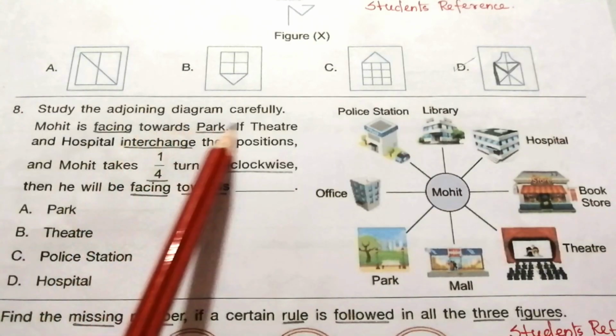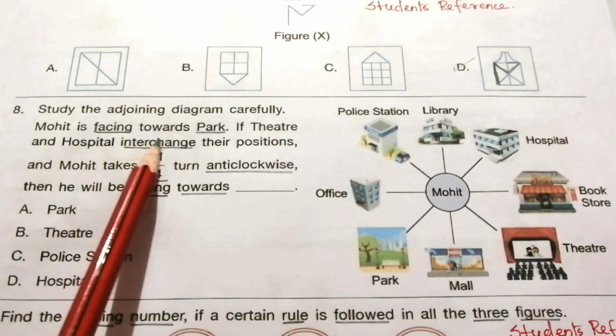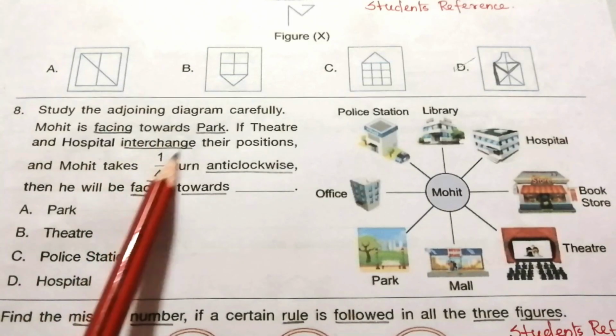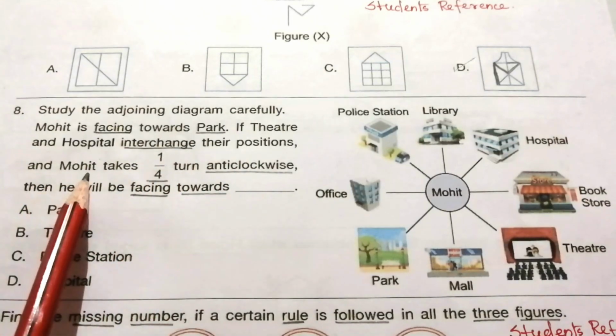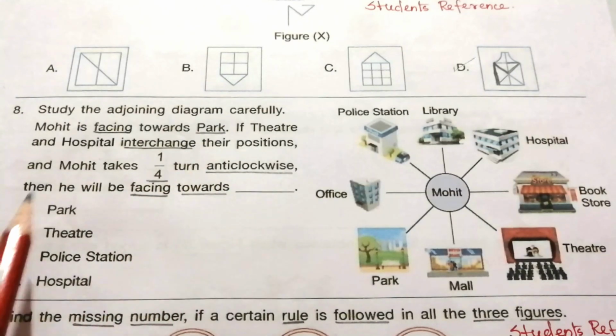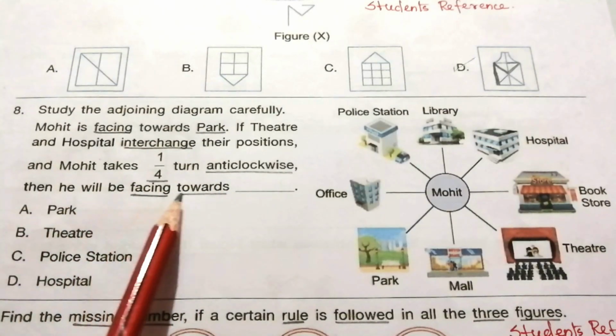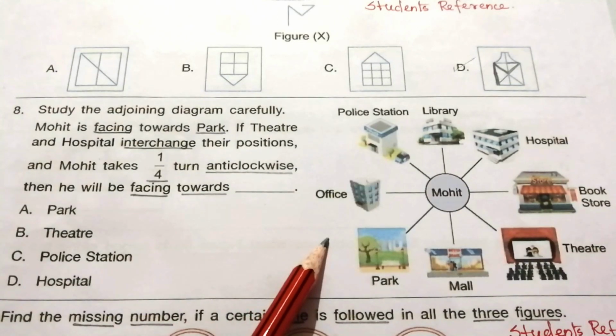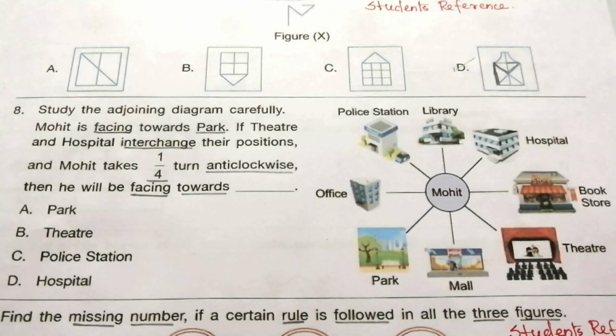Study the adjoining diagram carefully. Mohit is facing towards the park. If theatre and hospital interchange their positions and Mohit takes a 1/4 turn anti-clockwise, then he will be facing towards dash. Look at the given picture carefully and try to find out the answer.